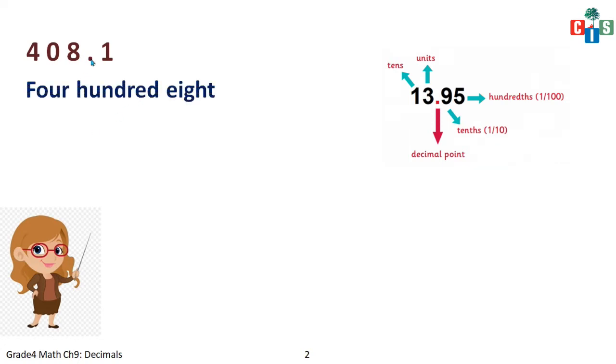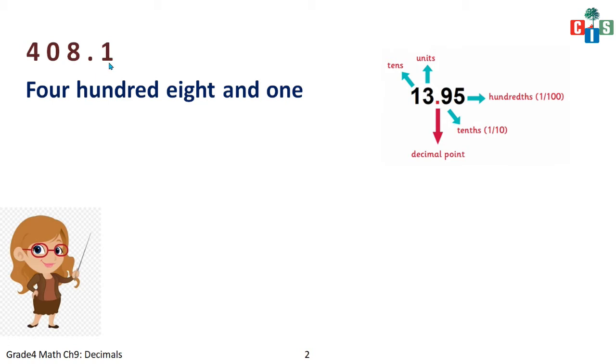Now before the decimal point, it is 408. That you are very much clear with. Okay, 408. Now for the decimal point, for the second way of writing the number name, you will write and. And it is 1 here, so you will write 1. Fine.